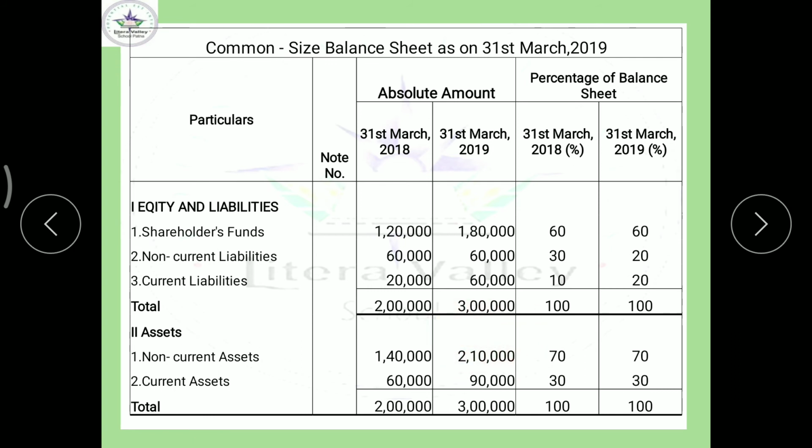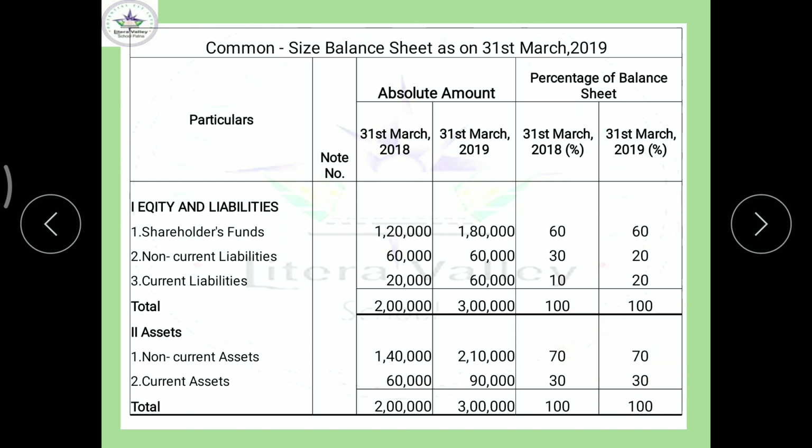So 2,10,000 will be divided by 3 lakh and the percent here is entered as 70%, and 90,000 is given for current assets. So 90,000 divided by 3 lakh. So here it is 30%. One thing you should keep in mind is that the total of this one will always be 100%. You can see why it is 100%, because 2 lakh is divided by 2 lakh into 100, so it is 100%. 3 lakh is divided by 3 lakh into 100, so it is 100%. Or you can say the sum of this is equal to 100%.